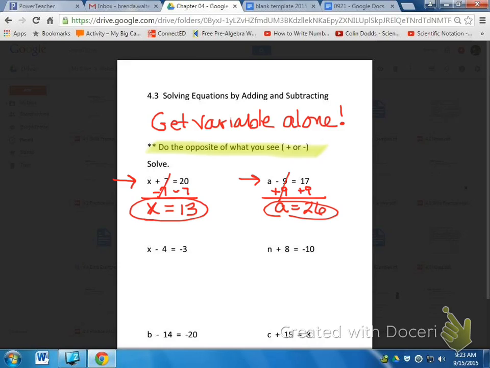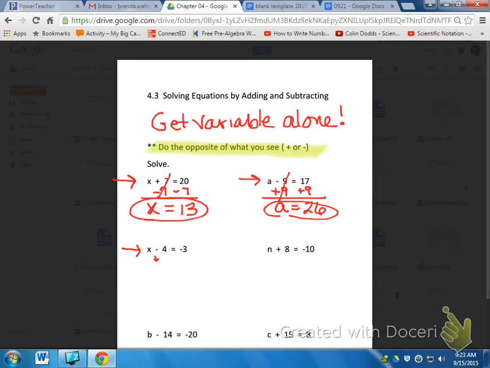All right. Now, they're not all going to be that cut and dry and that simple. Of course, signs are going to be involved, and you're going to have to watch out for your signs. It says X minus 4 equals negative 3. So you go to the side with the variable. We want to get rid of a minus 4. So when I see minus, what are we going to do, Sierra? Plus 4.